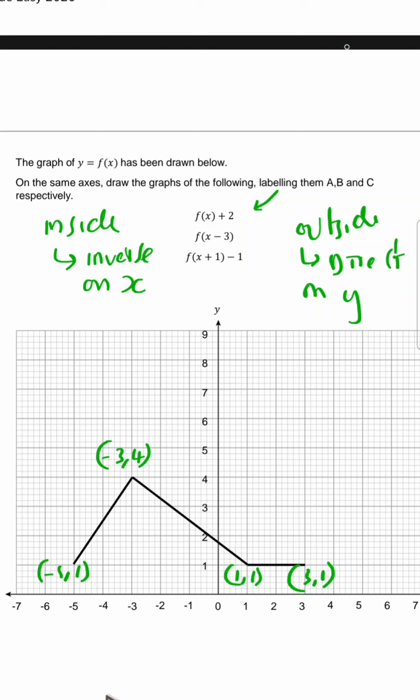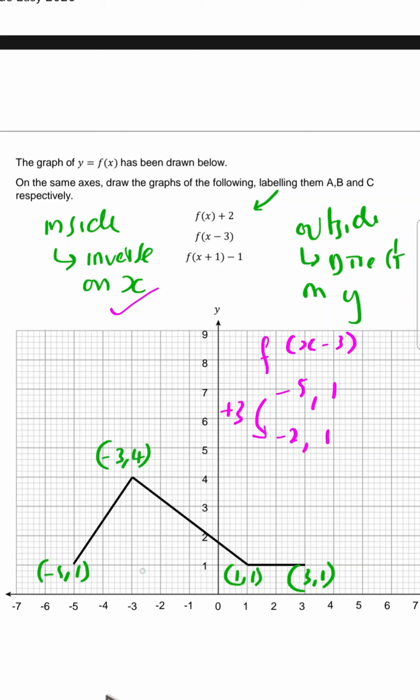Okay, let's move on. So we're going to do the next point now. We've got f of x minus 3. It's on the inside, so therefore it's the inverse on x. So if we write minus 5, 1, what's the inverse of minusing 3? It's plusing 3. So it becomes minus 2, and that stays the same.